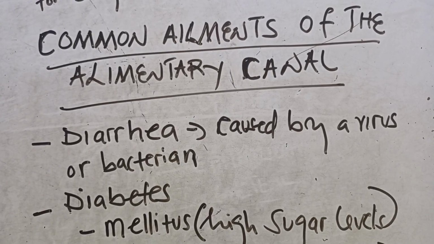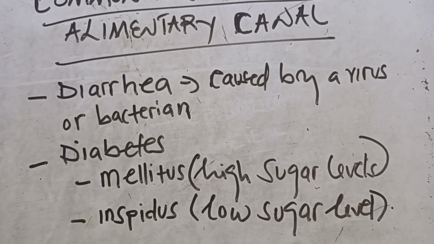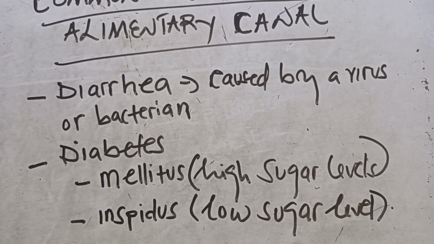When a person is having low sugar, which is below the expected level, then that person is suffering from diabetes. So we have diabetes insipidus and diabetes mellitus. This is what we need to know when we are talking about diabetes.